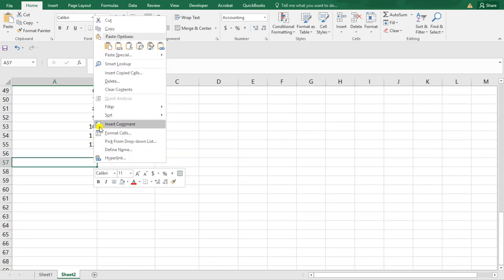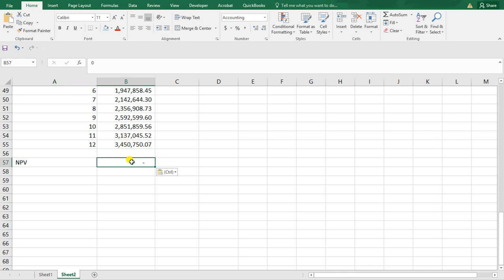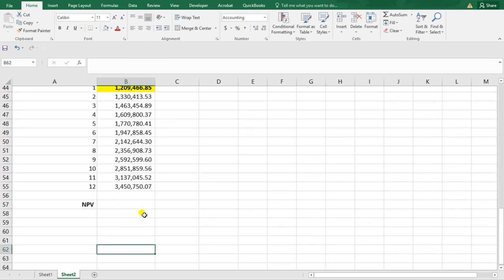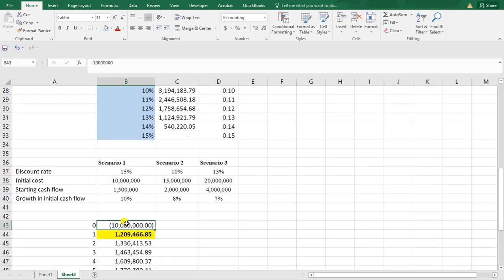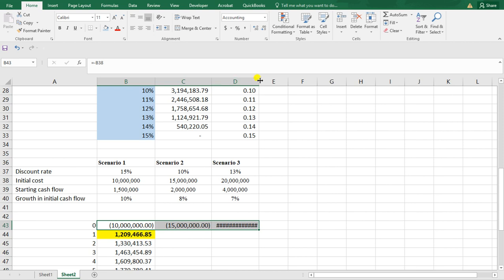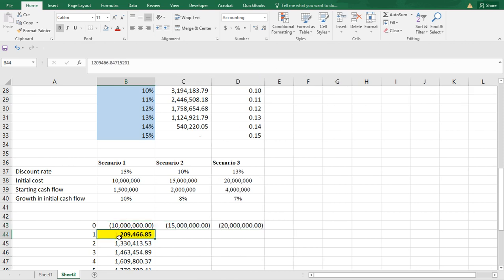So let us work it out. Let us start working it out. The first component here, my initial outlay, basically will be the 10 million, which you have there, right? So I'm going to scroll all this in all the scenarios. The other bit here, we want to take our initial, or rather starting cash flow, you're given 1.5.